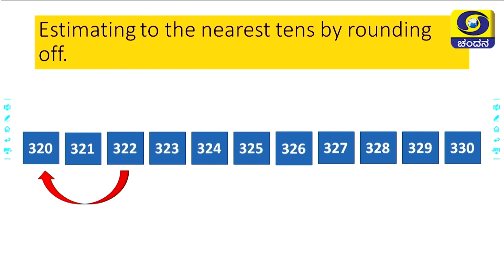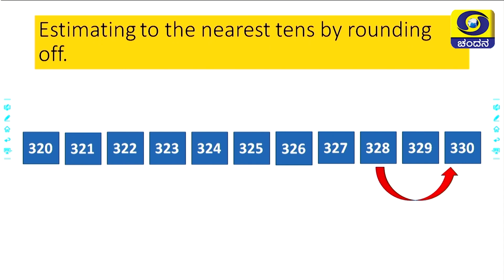Here, 322 is nearer to 320, so we round it off as 320. 323 to 320. Similarly, 324 is rounded off to 320. In the same way, 329 is closer to 330, so we round off 329 to 330.